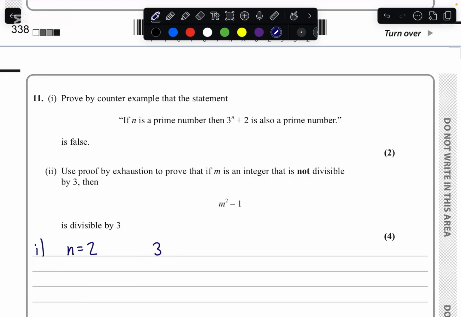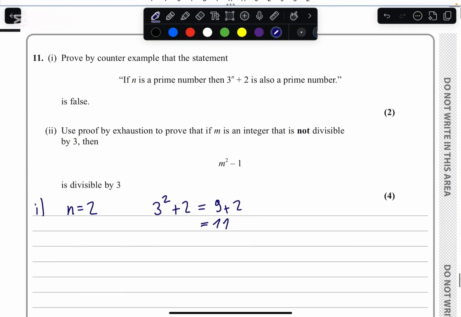3 to the power of 2 plus 2 is 9 plus 2, which is 11. That is a prime number, so we can try another value. For example, 3. 3 to the power of 3 plus 2 is 27 plus 2, which is 29. That is also a prime number.